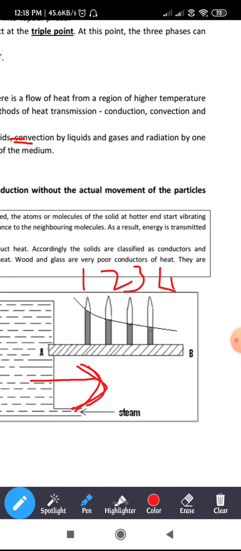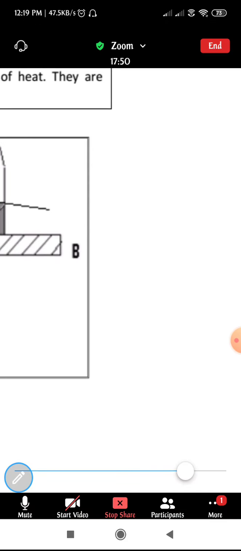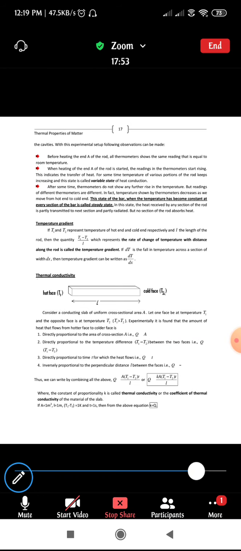As you go away from the end A, the temperature of the thermometers decreases. The last thermometer has a very low temperature and the first shows a very high temperature. This state, where the temperature keeps on increasing, is called the variable state.